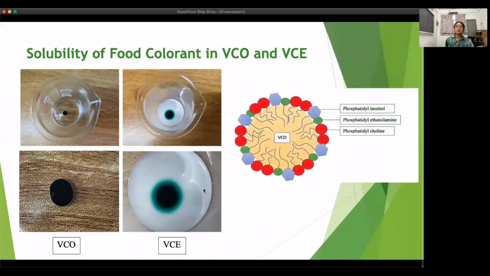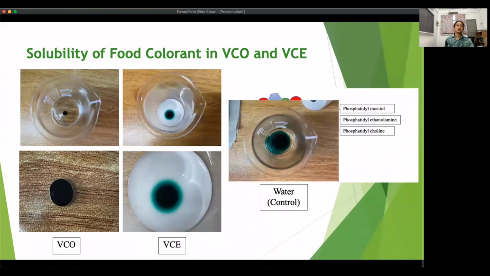This allows the food colorant to dissolve because the VCE has already been emulsified by the surfactant lecithin, forming a layer around the VCO into small droplets, and the polar part allows interaction with water and any water-soluble stuff, allowing the VCE to be dissolved in water. As a control, water was also used to test the food colorant, and it shows total dissolution in water.